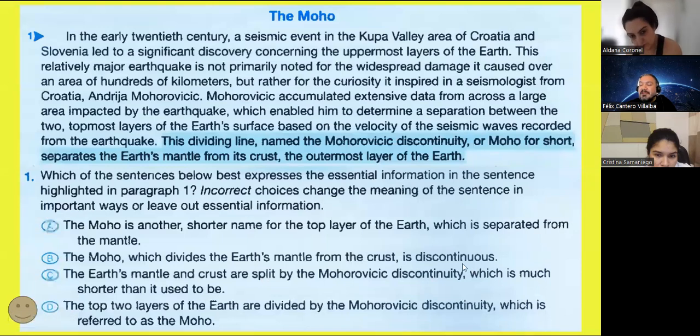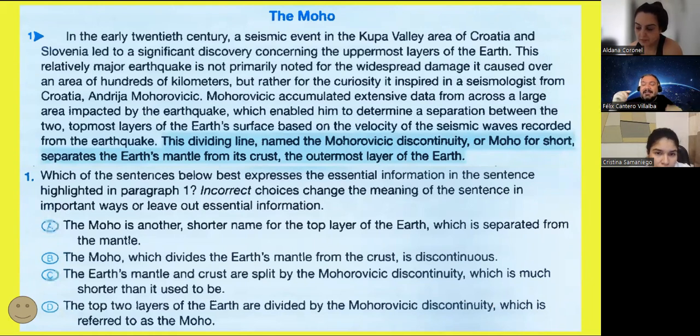Here, for example, it confuses discontinuous with discontinuity. It's not the same thing. Discontinuity is referring, in a vertical way, to the earth's mantle and the crust being separated.